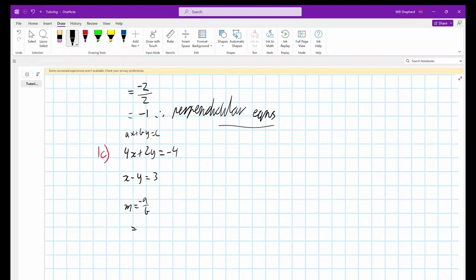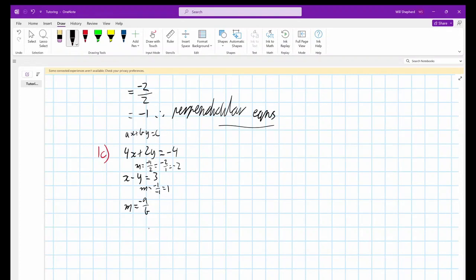So for the first equation, where we have 4x plus 2y, we can say m is equal to negative 4 over 2, which is negative 2 over 1, which is negative 2. For the other one, m is negative 1 over negative 1, which is 1.